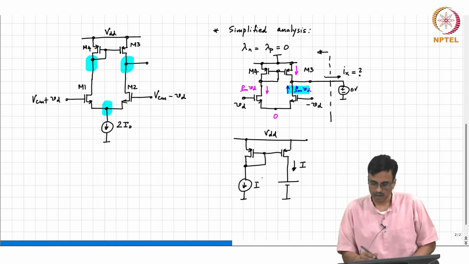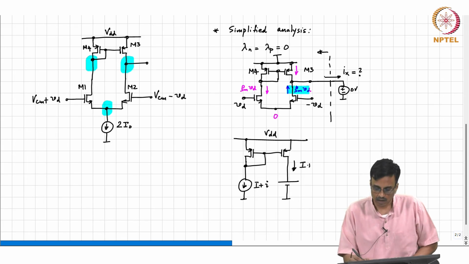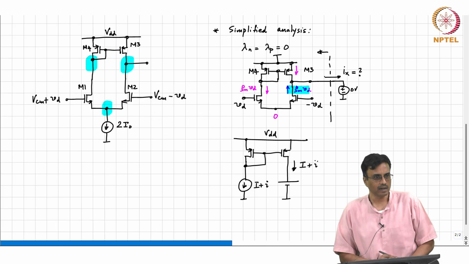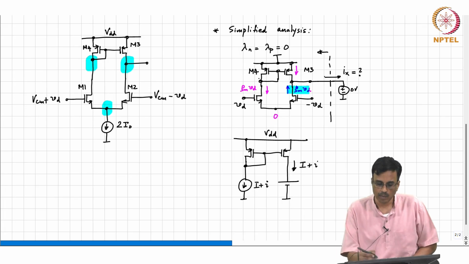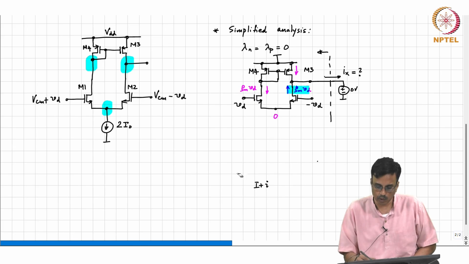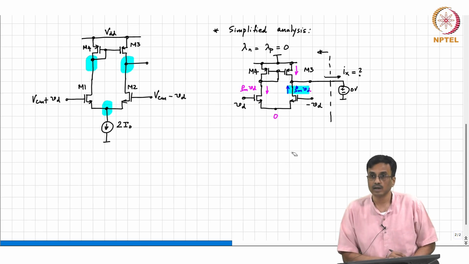I. If this changed by a small amount, what comment can you make about the current in the mirror transistor? It will be the same thing, correct? So now, are you able to make sense of the final result without doing any analysis at all?